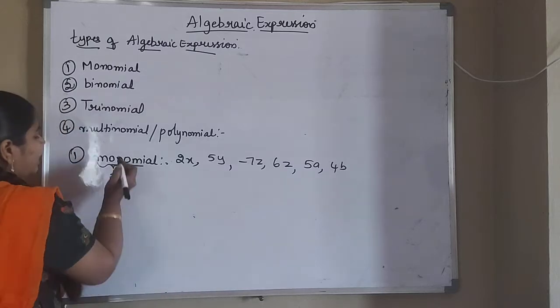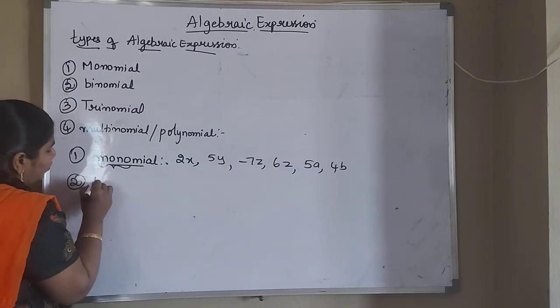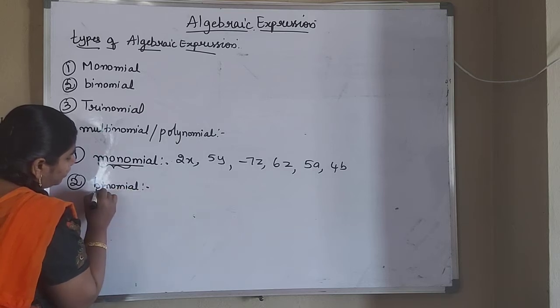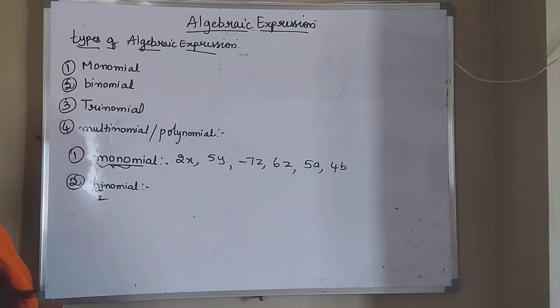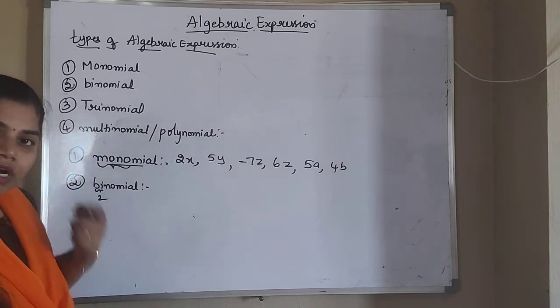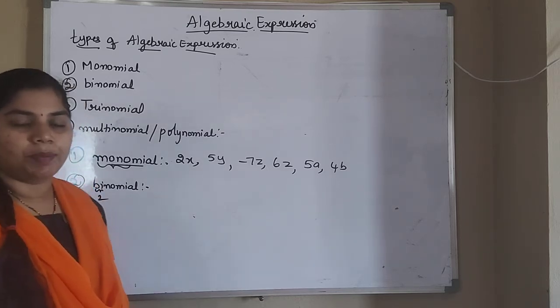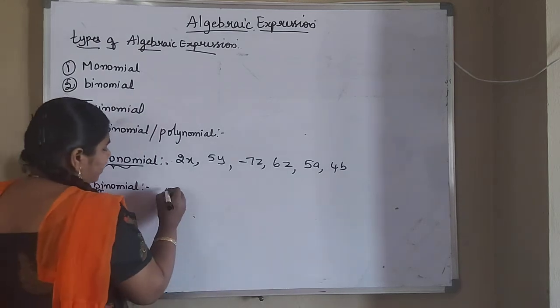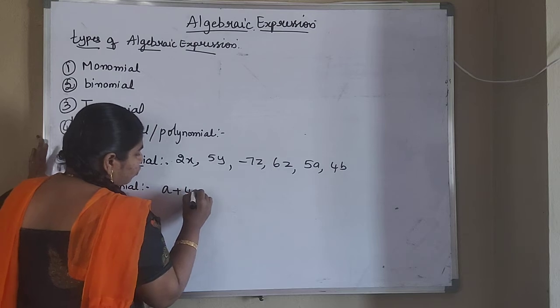Next one is binomial. So what do you mean by binomial? Bi is nothing but 2. So two terms combined with fundamental operations, we will call it a binomial. For example, a plus 4y.